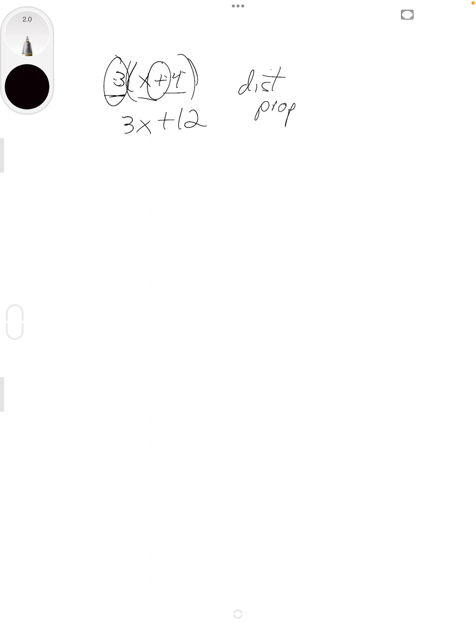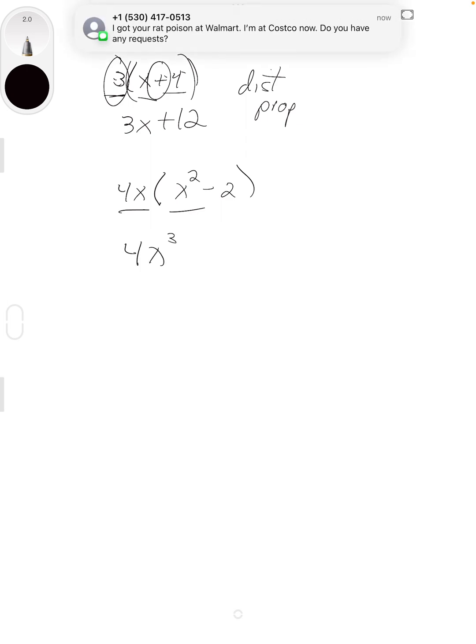So let's say I have 4x times x squared minus 2. It's no different than the one I just did. It's just that times that. 4x times x squared is 4x to the third. And 4x times negative 2 is minus 8x.